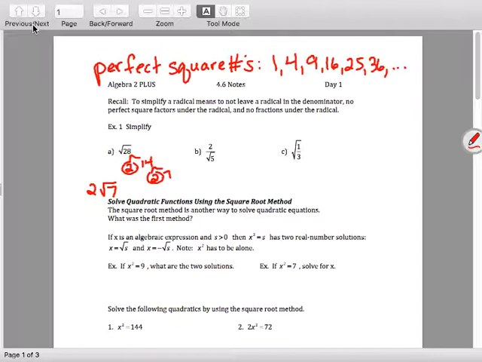In letter A, this one had a perfect square factor, that's what I mean by no perfect square factors. There's a 4 that goes into 28, so that's not okay. In letter B, the problem is there's a radical in the denominator. So we're going to do what's called rationalizing the denominator. And what you do is you just multiply by the radical in the denominator.